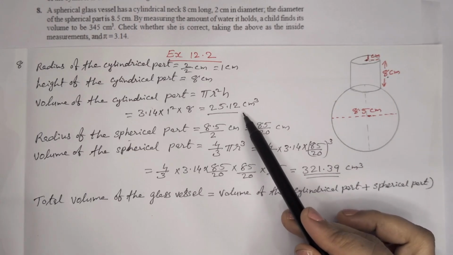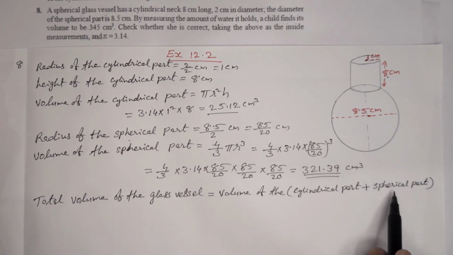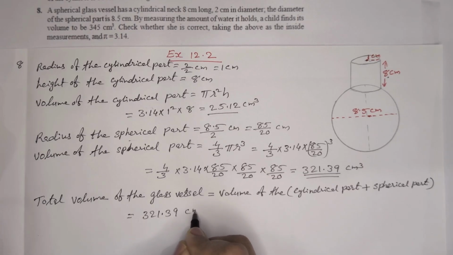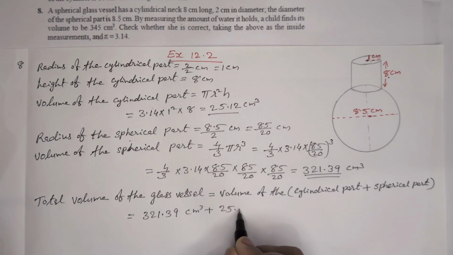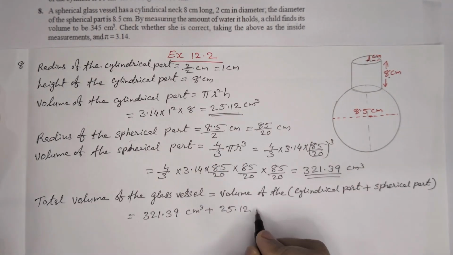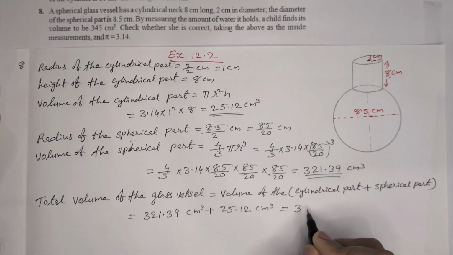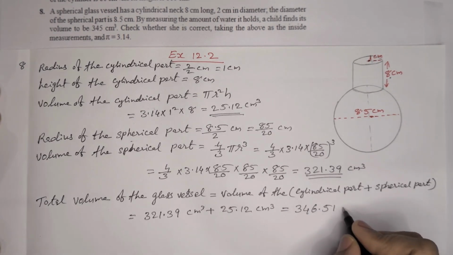And the volume of the cylindrical part is 25.12 centimeter cube. Then the total volume of this glass vessel is equal to the volume of the cylindrical part plus the spherical part, which is 321.39 centimeter cube plus 25.12 centimeter cube, which is equal to 346.51 centimeter cube.